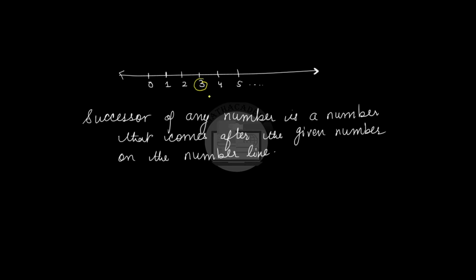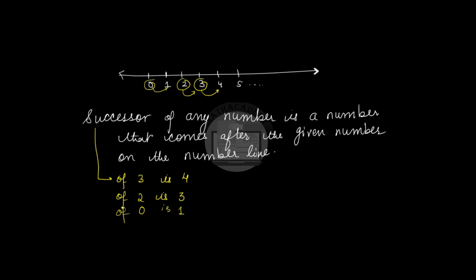Take number 3. The number that comes after the number 3 on the number line is 4. So we say that the successor of 3 is 4. Let us take the number 2. The number that comes after number 2 is number 3. So the successor of 2 is 3. The successor of 0 will be the number that comes after 0, which is number 1. So the successor of 0 is 1.